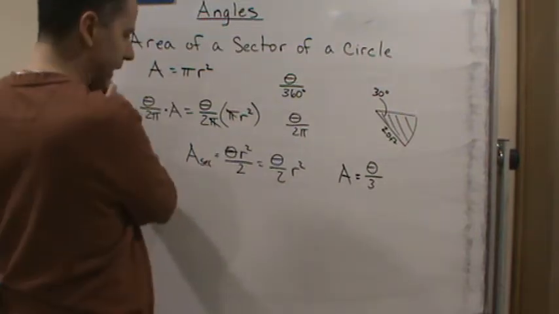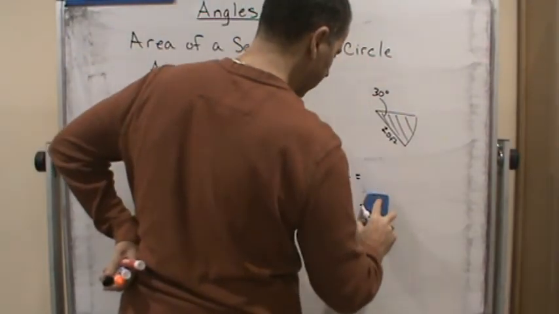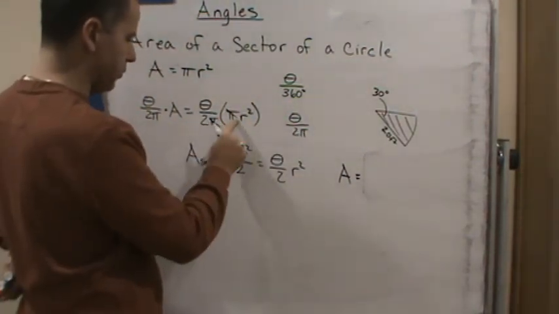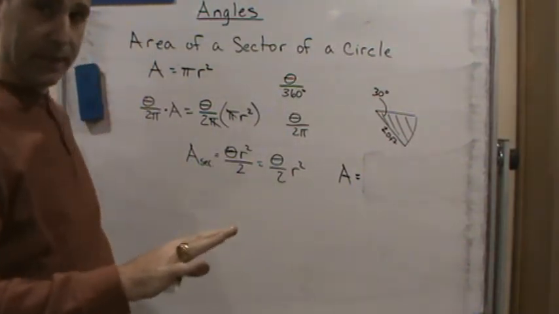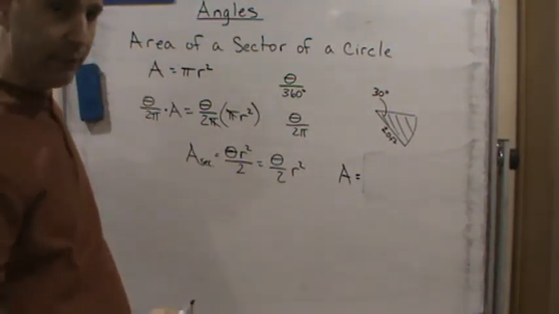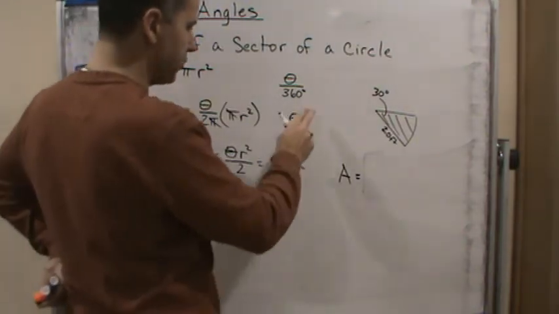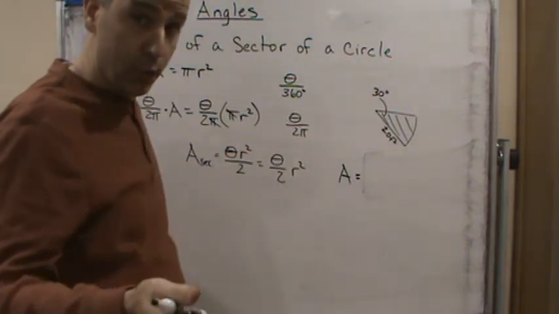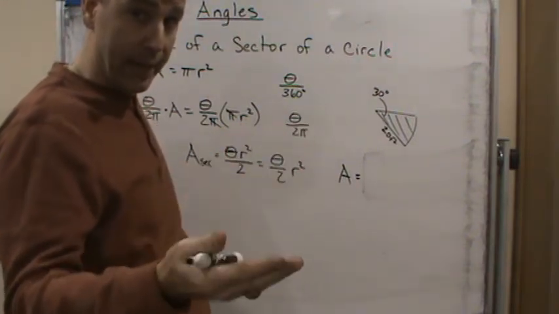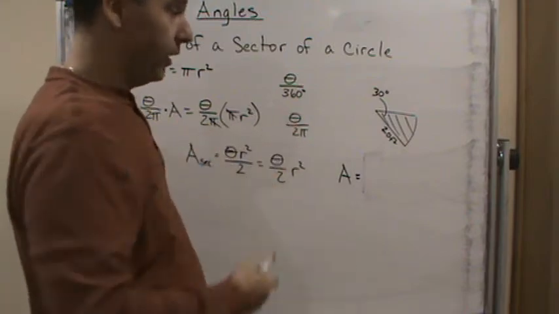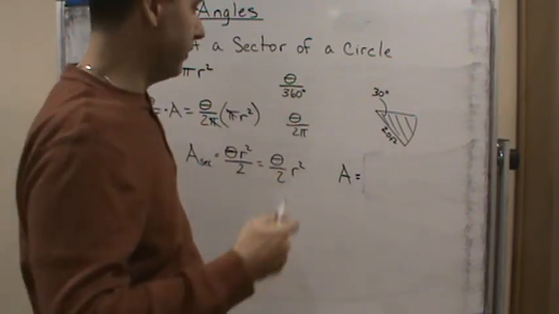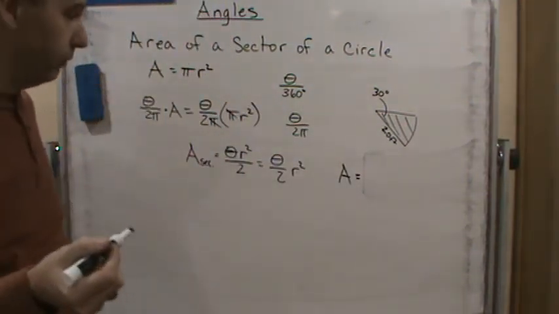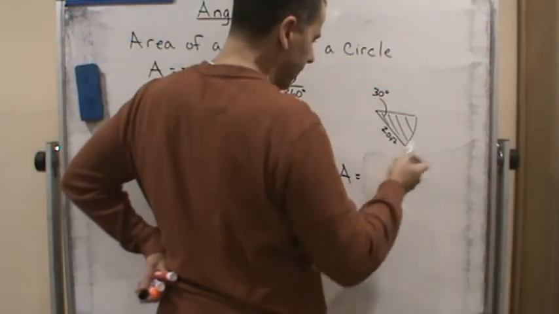So we're going to convert this to radians, and then we can use this formula, because this formula assumes radians. Just to keep things simple, and without having to derive another formula, let's stick with radians. So I'm going to change this 30 degrees to radians. If you know the conversion between degrees and radians, use it, or if you know the measurement by memory, that's great. You've seen this a couple of times already with the unit circle. But let's go ahead and do it.